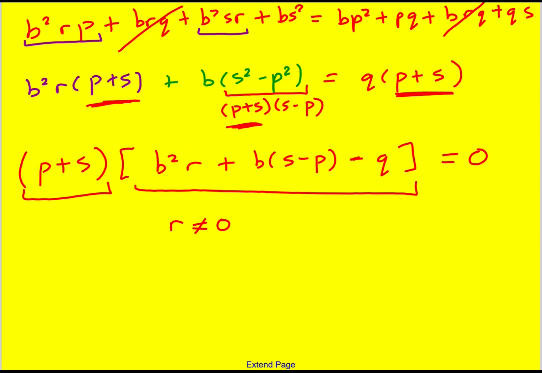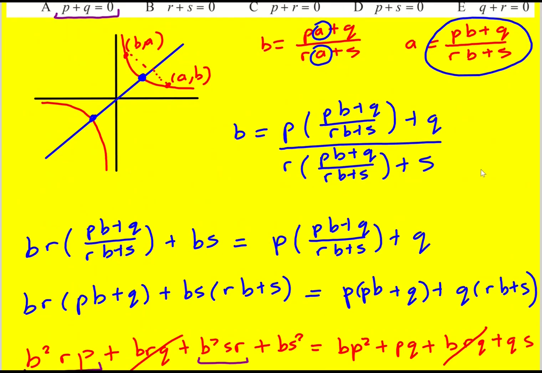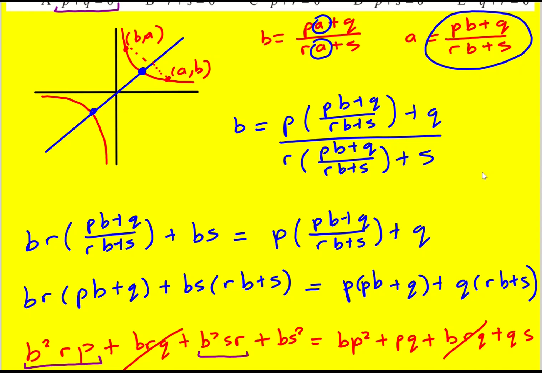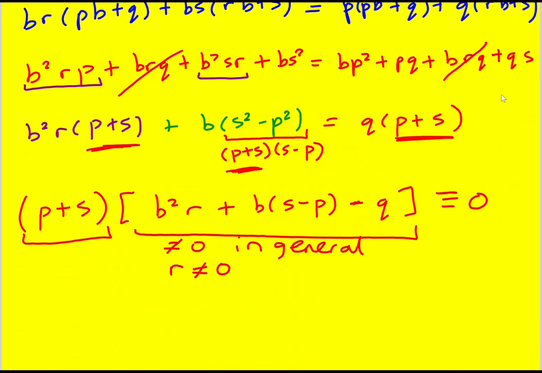In fact, because R is non-zero, this is 0 for at most two values of B, because it's actually a quadratic in B. So this here is not equal to 0 in general. It's the only way it can always equal 0, and to be fair, this is going to be an identity. This is true for all values of A and B. I'm not going to write it on every single one, but it's always true.